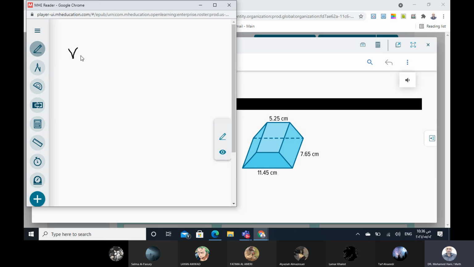V equals, and here we have a prism, not a pyramid. So the volume will be base times the height of the prism.